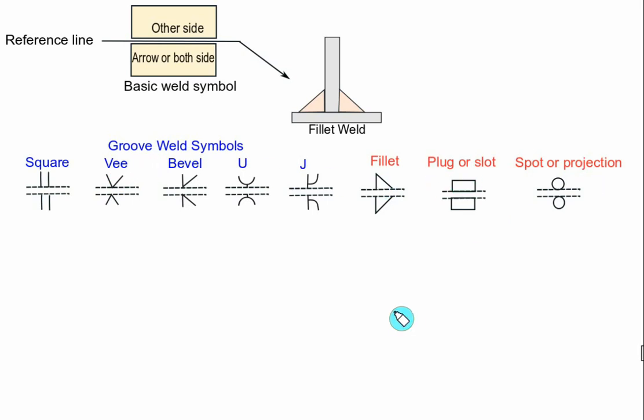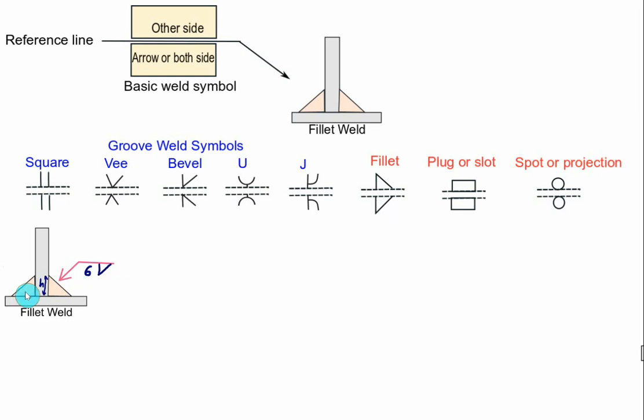Whether we are using the groove weld or fillet, plug or the spot or projection welding. Now consider we have a fillet weld on both sides here, and this fillet weld has a leg size equal to h. Let's say we have a leg size equal to 6 mm. So you have to write down the dimension as 6, and the arrow side represents this weld, which is a lap weld. So you have to use the fillet weld symbol.